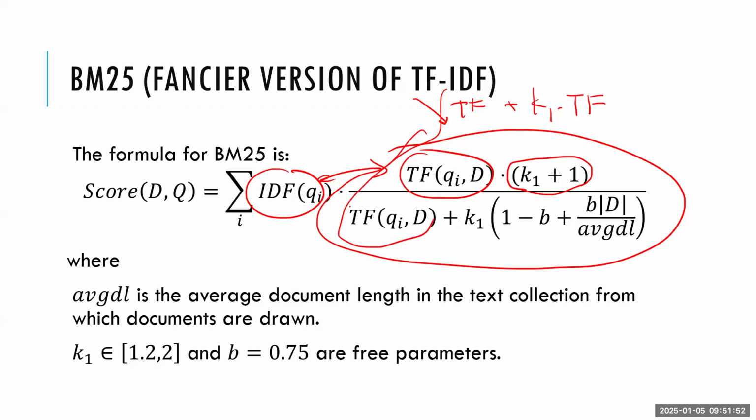The front part, this TF and this TF, is the same. So what are we comparing? We're comparing the original TF with this new equation: 1 minus B plus B times D divided by average DL.